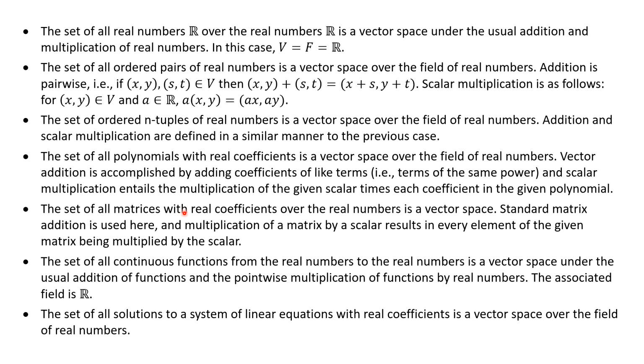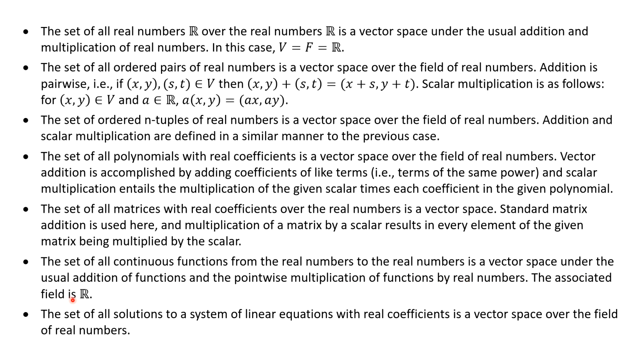The set of all matrices with real coefficients over the real numbers is a vector space. Standard matrix addition is used here, and multiplication of a matrix by a scalar results in every element of the given matrix being multiplied by the given scalar. The set of all continuous functions from the real numbers to the real numbers is a vector space under the usual addition of functions and pointwise multiplication of functions by real numbers.